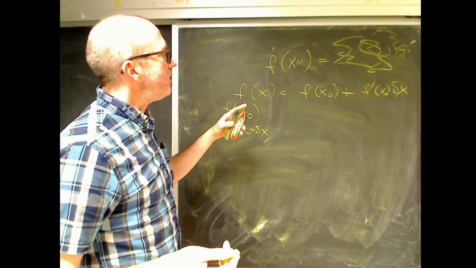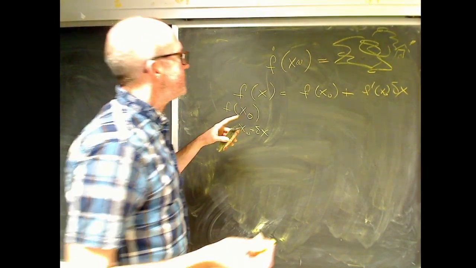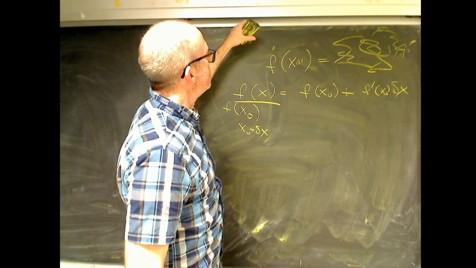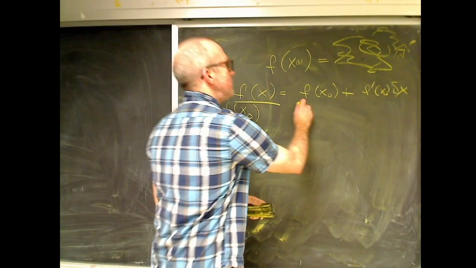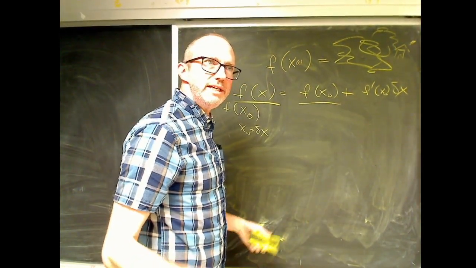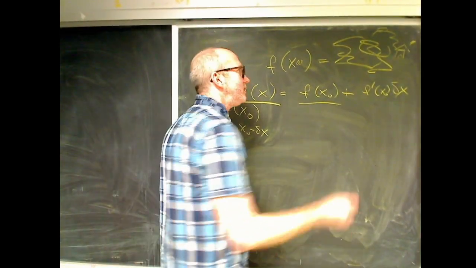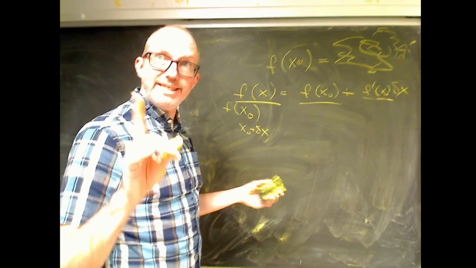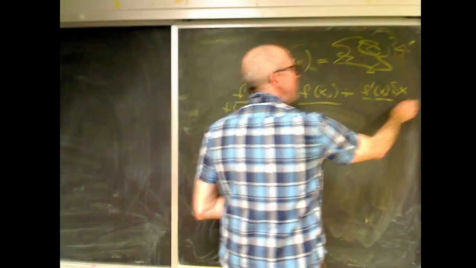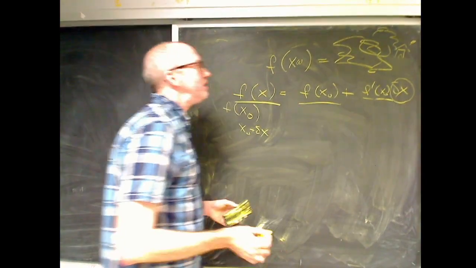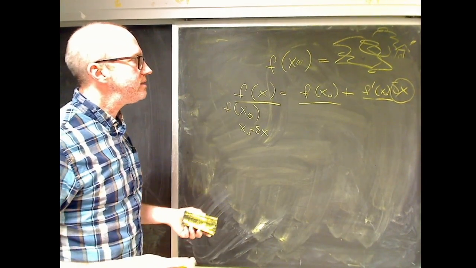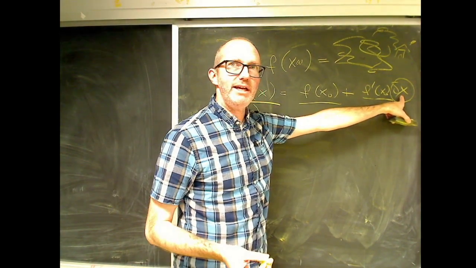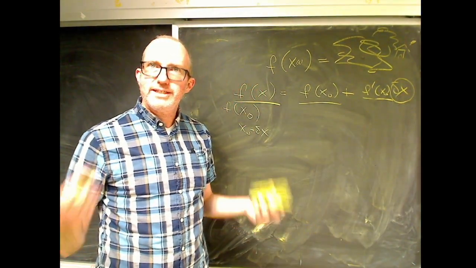What's cool about this is that the horrible part is something I do know, and it's just a number, and all of the actual variability is now in delta x. So I took whatever is horrible, and now it's just linear in x, and I know how to solve that. I'll show you in a second.